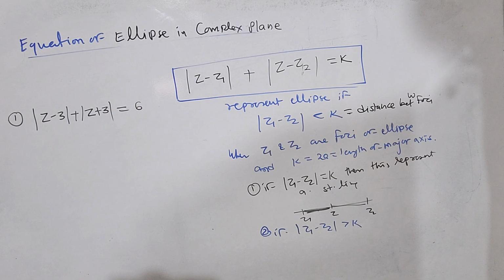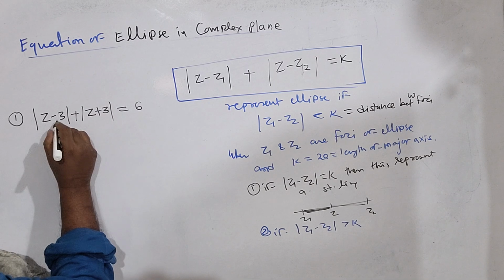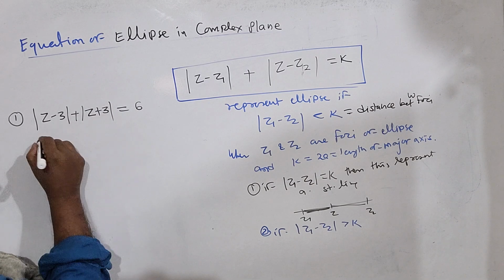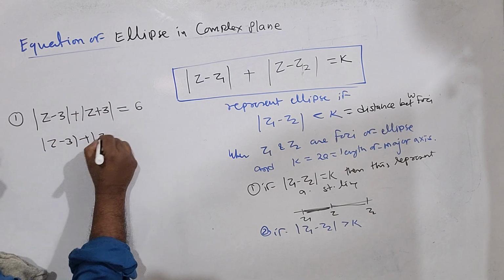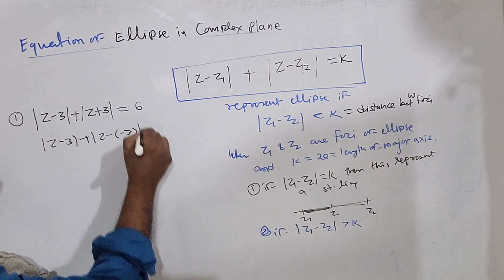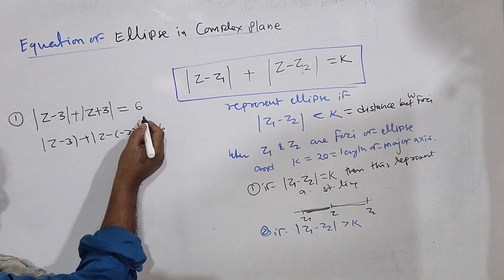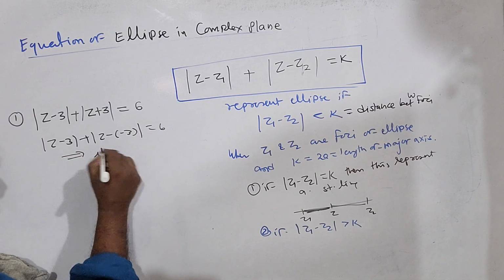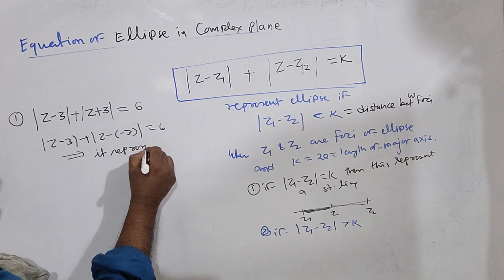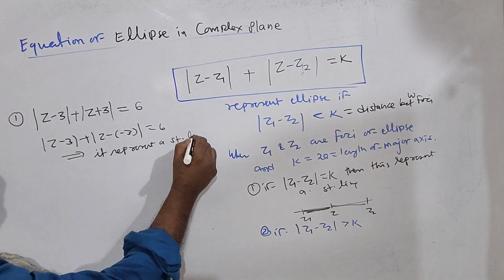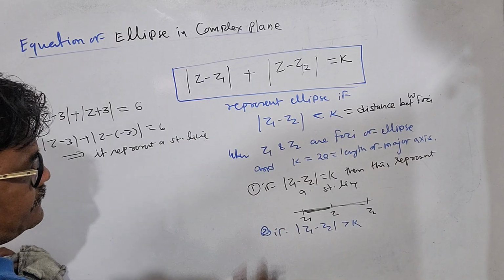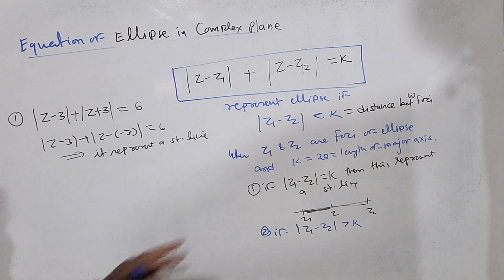At this time, the foci are 3 and minus 3, that is z minus 3 and z minus of minus 3, correct? The distance between 3 and minus 3 is 6, therefore it represents a straight line. This is the condition modulus of z1 minus z2 equal to k.